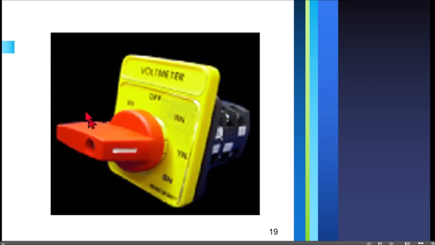So this is a selector switch, and you can select different positions. A common usage is in your electric fan. But in motor controllers, the selector switch is mainly used to set your motor controller to either manual or automatic.